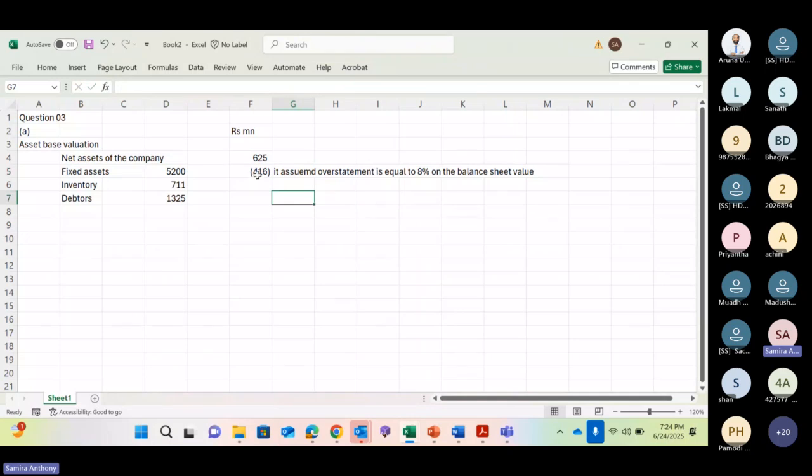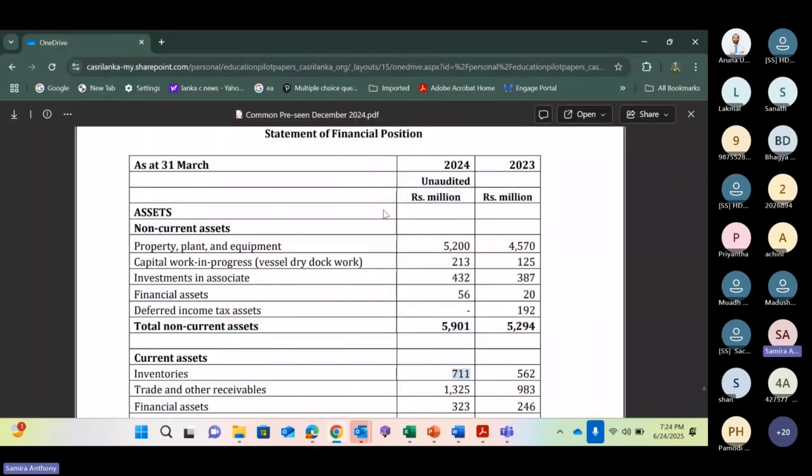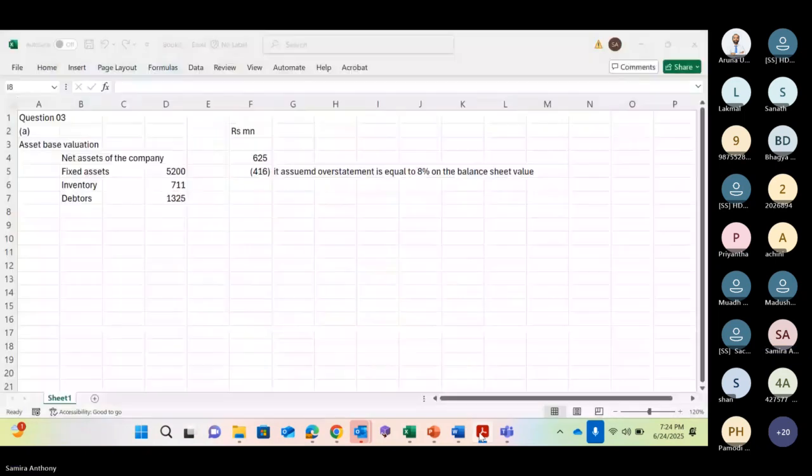Then you can just use the percentage. But if you want to use it, you have to write down the assumption, right? Priyanta, is that okay? Yes, this is clear. Inventory 4 and debtors 5%, right?